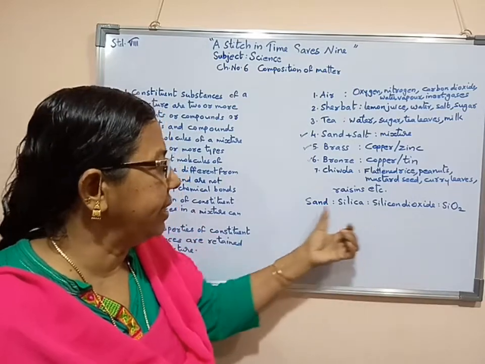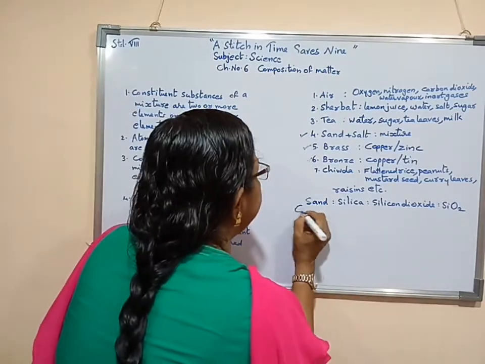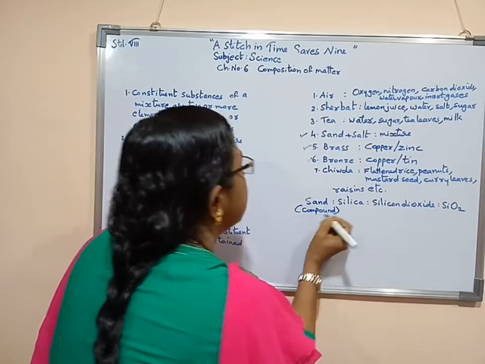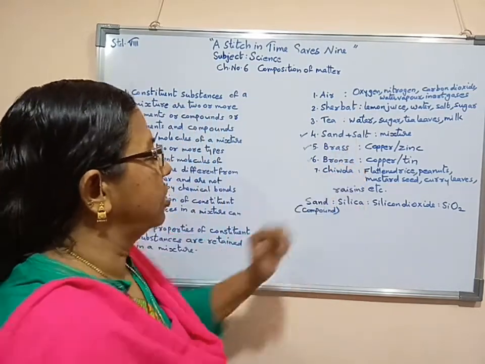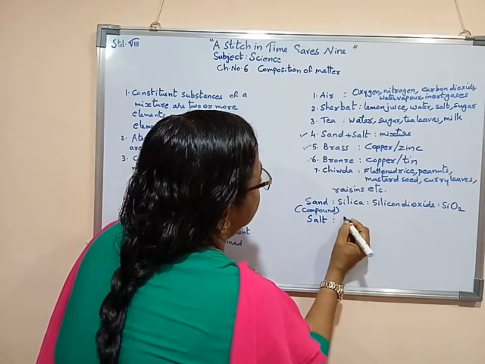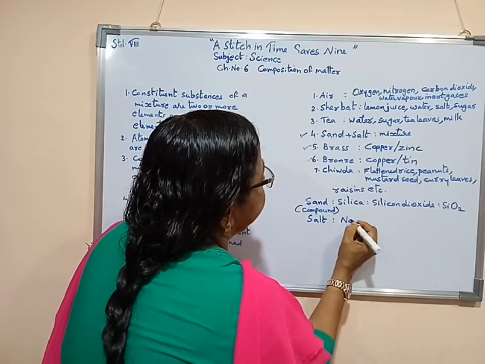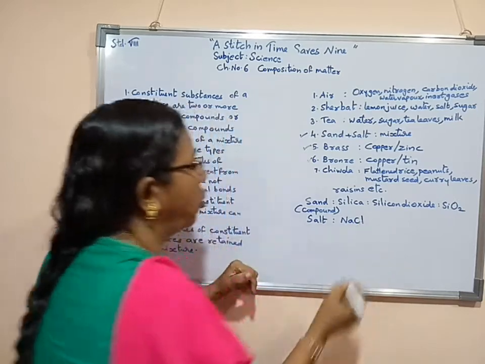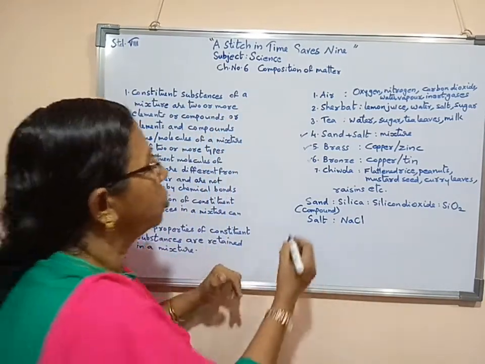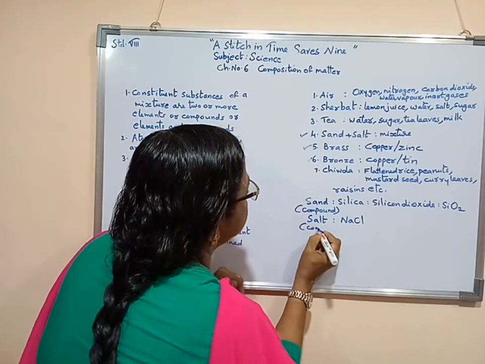So we can say that sand is a compound. The other thing, salt. Salt is also a compound. We can write its molecular formula as NaCl. So salt is also a compound.